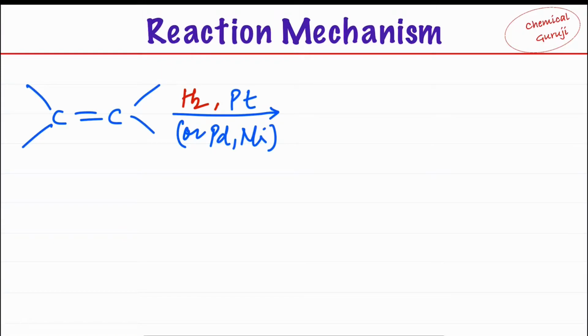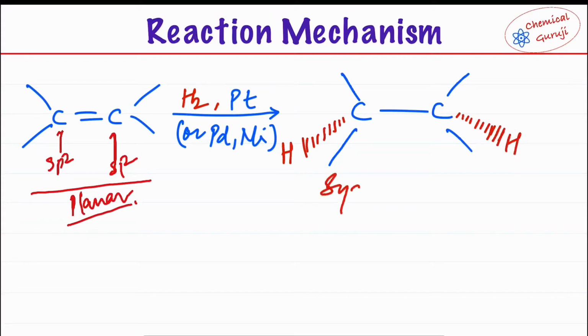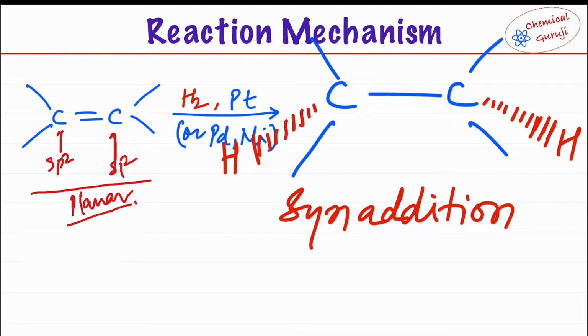So here we can see this is an alkene, and this carbon is sp2 and this is also an sp2 carbon. So this is planar. Okay, and in the presence of catalyst, it will get reduced to the alkane. Here we can see we have got the syn product.